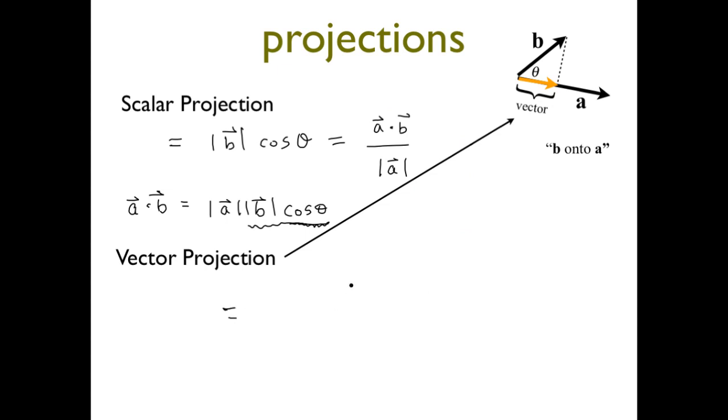We take the unit vector in the direction of A, which is just dividing by its magnitude. That should be familiar. So that scales it to a length of 1, right? That's the unit vector. And now we want to scale it to what we want, so now scale it by the amount of the scalar projection.